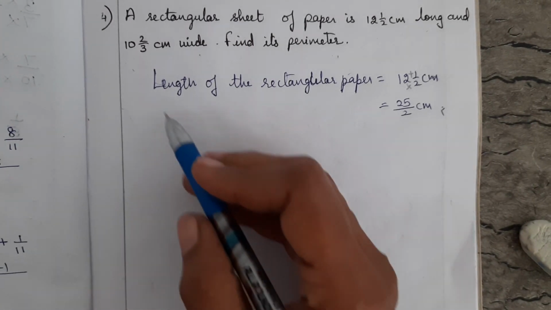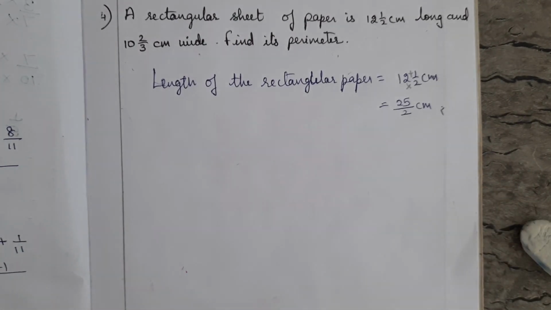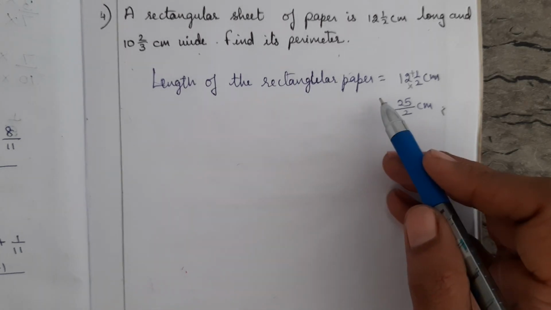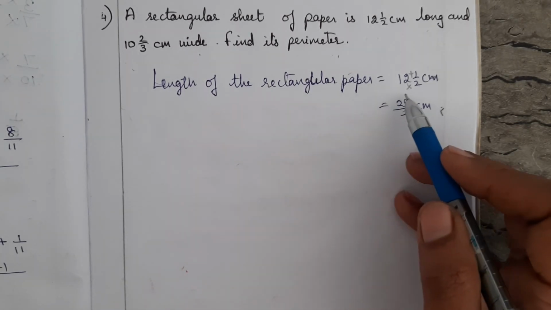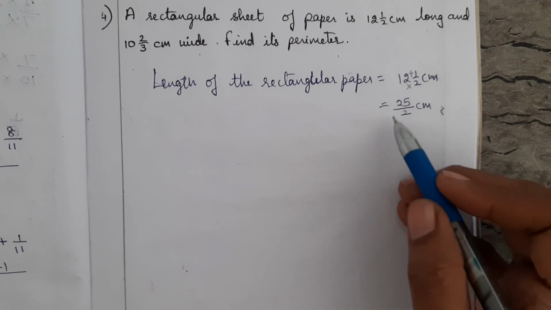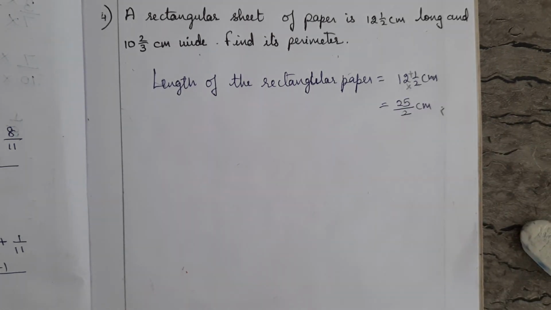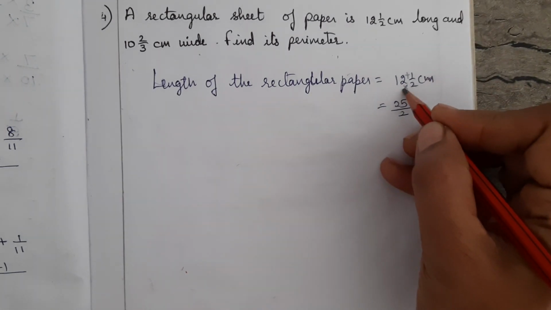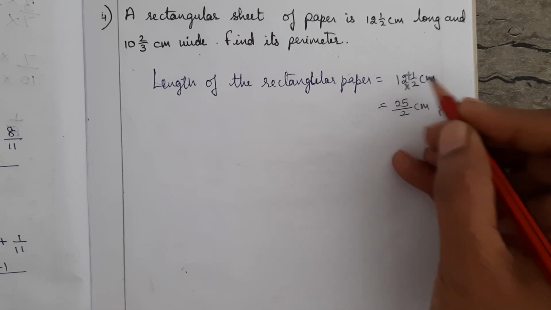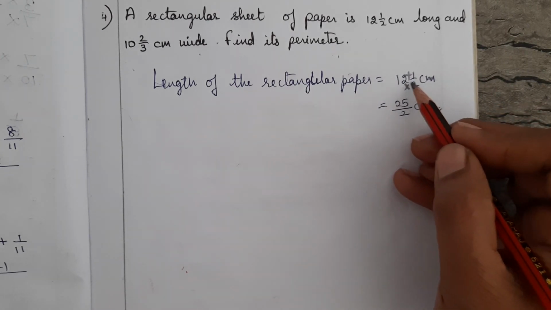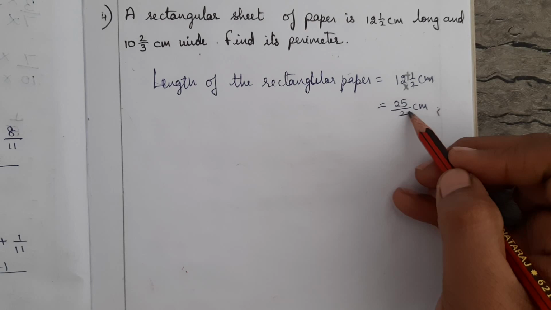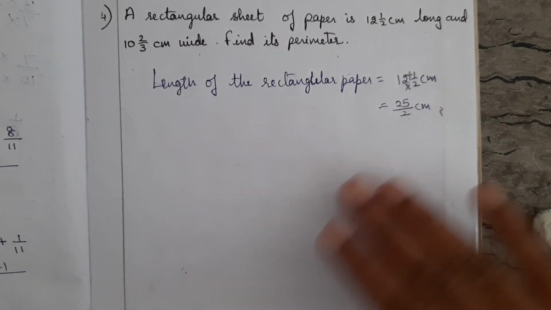The length of the rectangular sheet of paper is 12 1/2 centimeter. So how can you do 12 1/2? Multiply and add, starting from the denominator: 2 into 12 is 24 plus 1 is 25, so 25 by 2 centimeter.